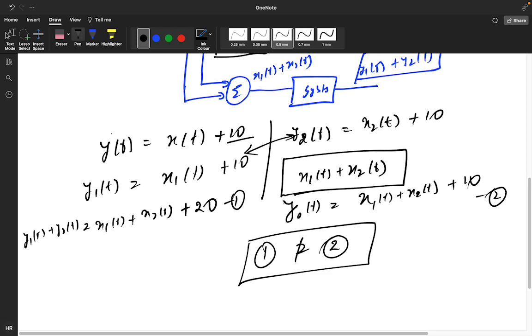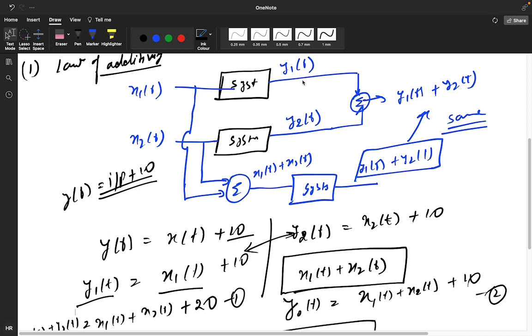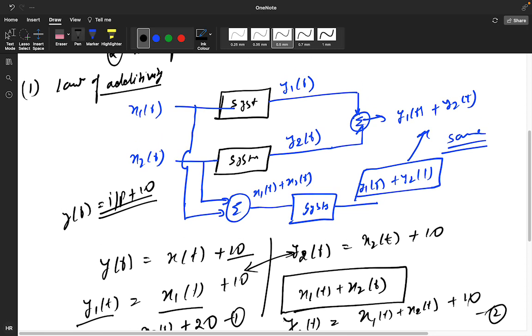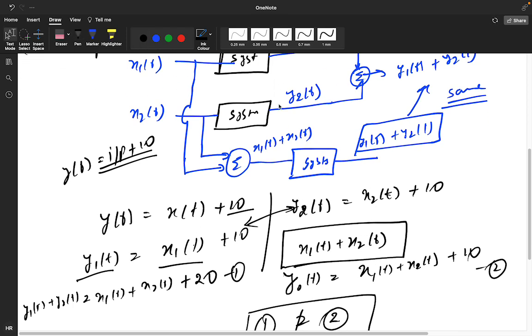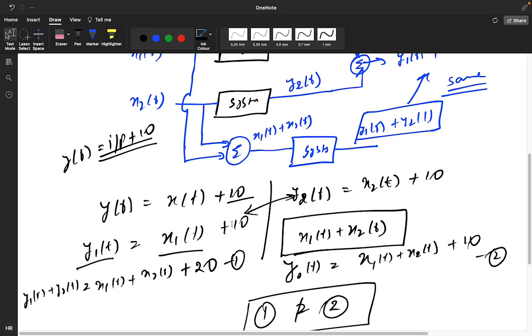What is the meaning of this particular equation? The input is always added with 10. First we have taken the input as x1 of t, so we are getting the output y1 of t like this. In this operation, the system is doing input plus 10, so y1 of t is equal to input plus 10.